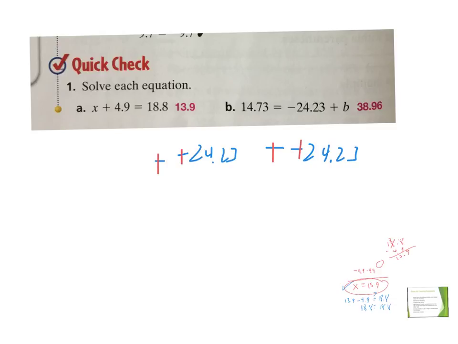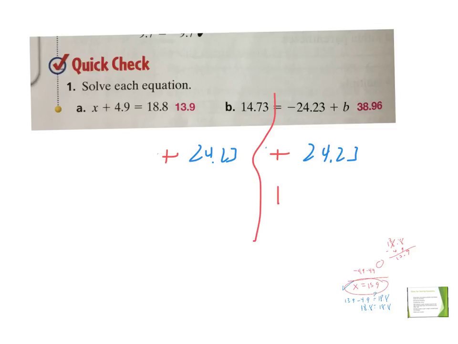So you find out we didn't really even need those double negatives on there, so we can wipe that out. So what you're really doing in the end here is adding 24.23 to both sides, right?